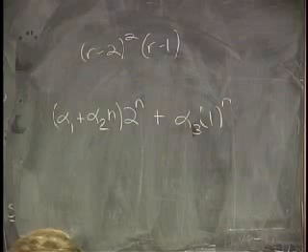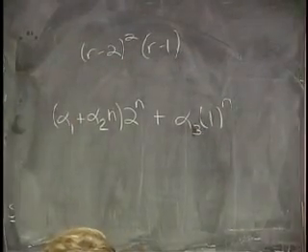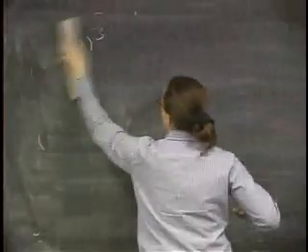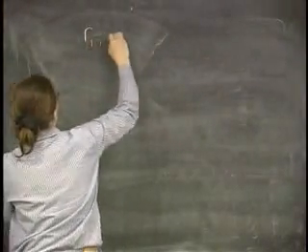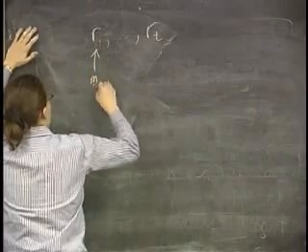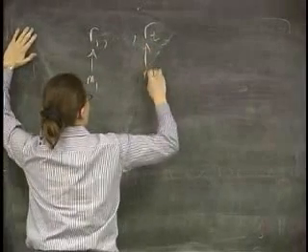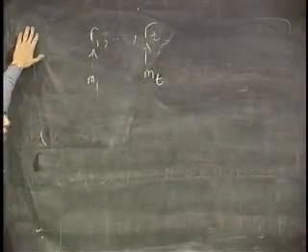So this is the most general thing we can write down. If we have roots r1 up to rt, and these have multiplicity m1 up to mt, that's how many times each of these roots occurs.